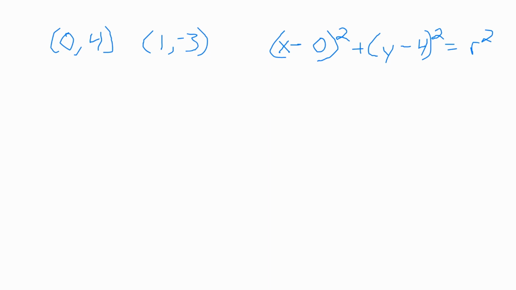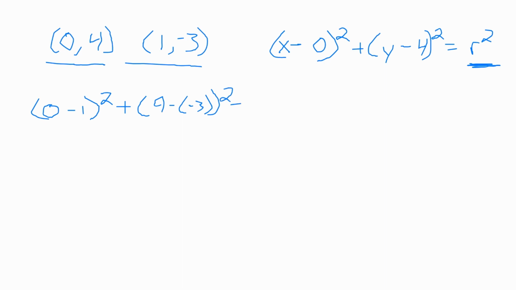Then you just need to find r squared. And you said that r squared comes from, again, a triangle. So it's going to be the difference between the two x values squared and the difference between the two y values squared is going to be r squared. And so once you did all that, I think you got that that was 50.